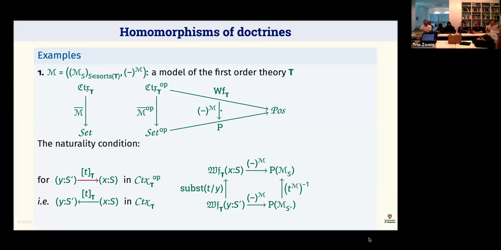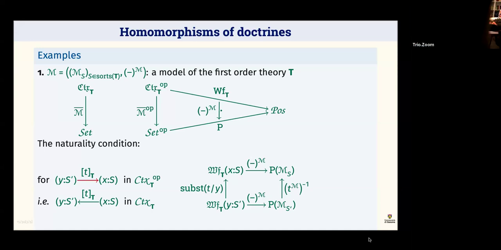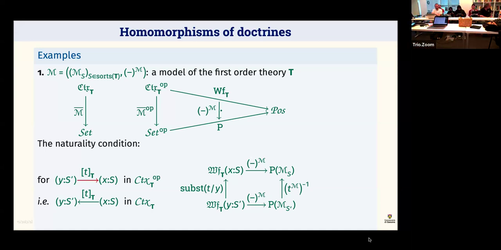So in other words, if I just take the example of a single sort, I will have to connect the Lindenbaum-Tarski algebra on formulas with x as at most the only free variable into the power set order on the set interpreting that sort.